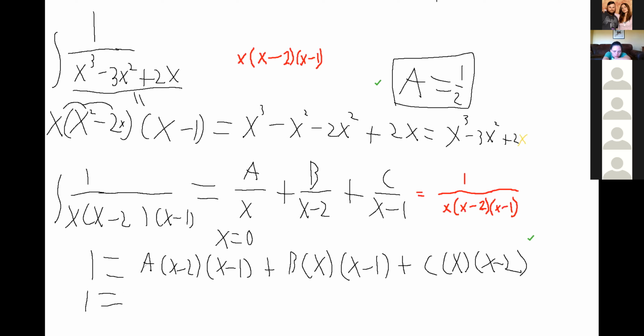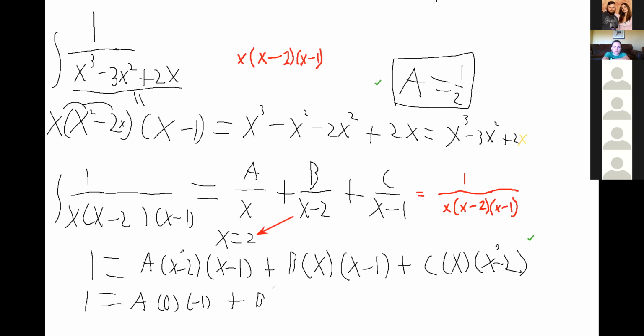So in order to find b, let's do 2. Instead of 0 this time, we're going to use a 2, because that should make this into a 0, and this should make this into a 0. So a would be 0 to negative 1, which should just end up to be 0.